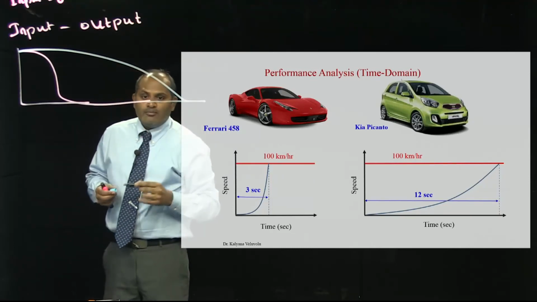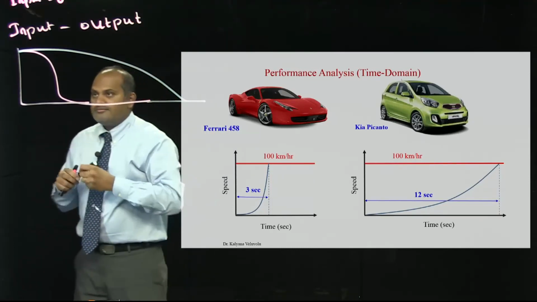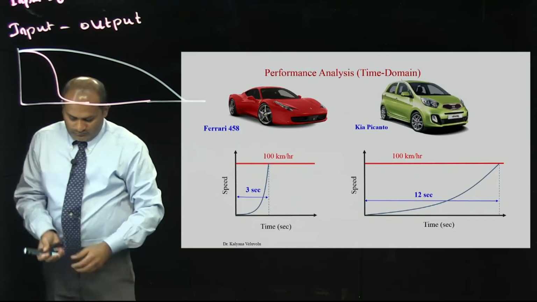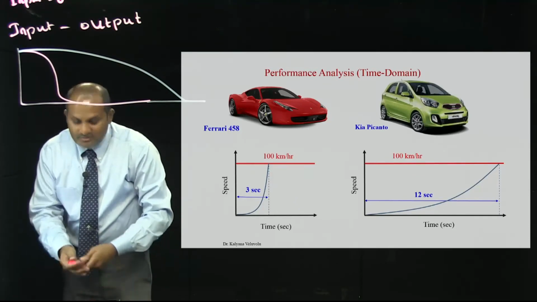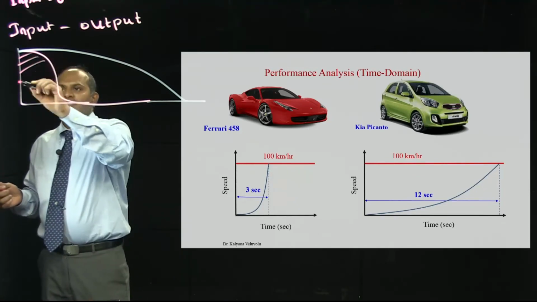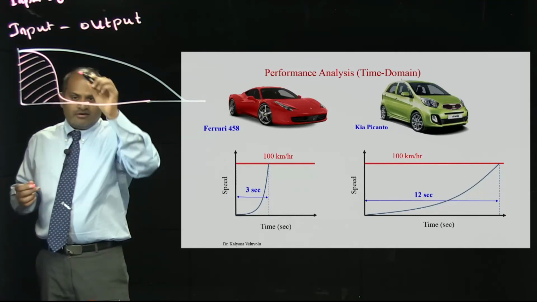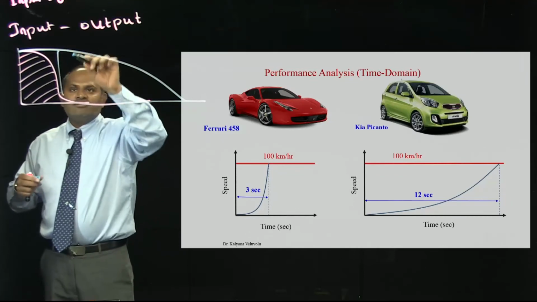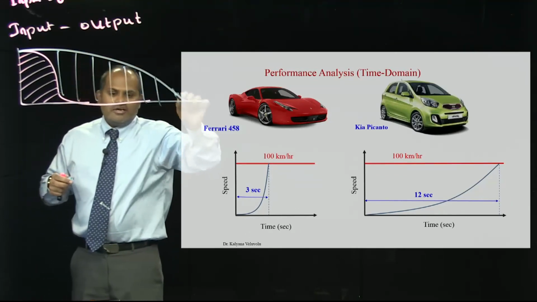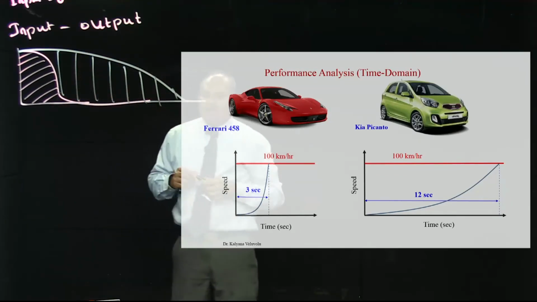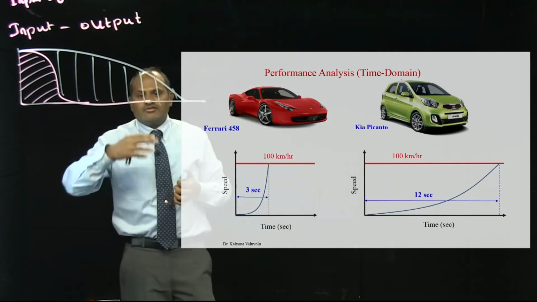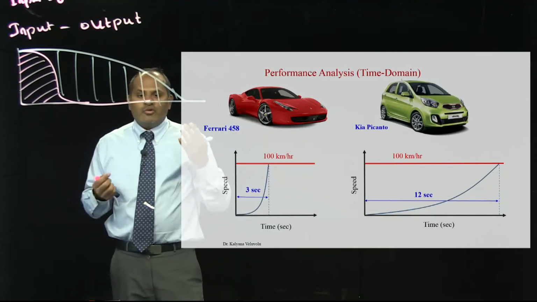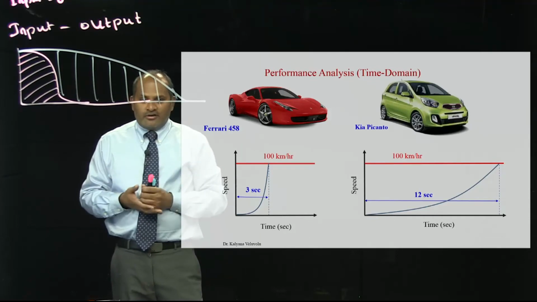So, if you compare both, this error is very small, but the other error is quite big. So, if you can see, this error is quite large. So, that is why, based on the error dynamics, we can explain that Ferrari performs really well compared to a Kia Picanto.